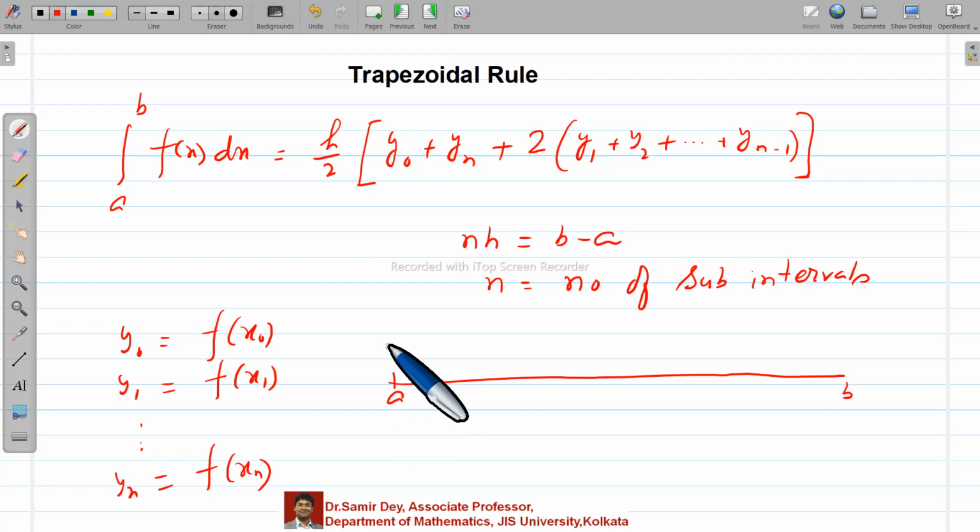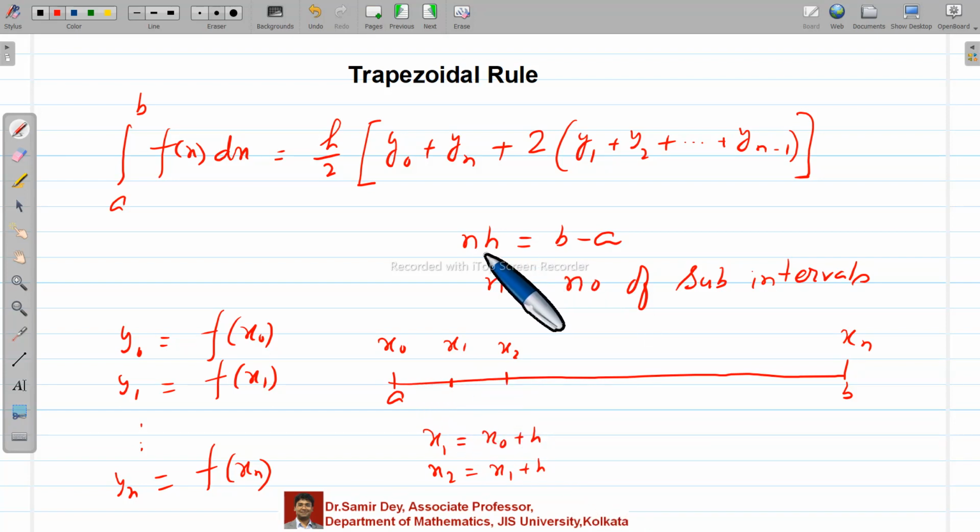The starting point is x0 and the ending point is xn. The first interval point is x1, where x1 equals x0 plus h. The second one is x2, where x2 equals x1 plus h. So you just add the interval length one by one and gradually you will get your last end point.